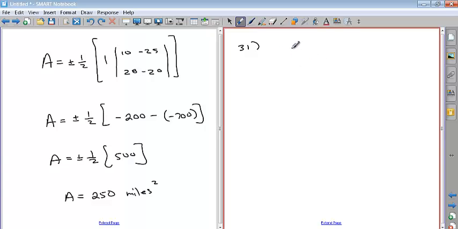Okay, so the next one is about whether points are collinear or not. And if you think about it, if you have points that are collinear, then the area would have to be 0. The only time that you would get a 0 area.